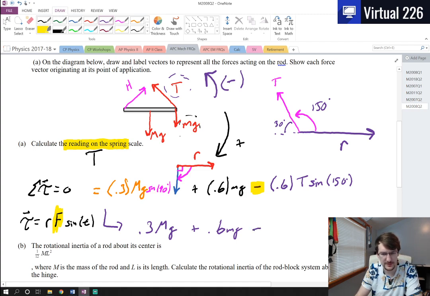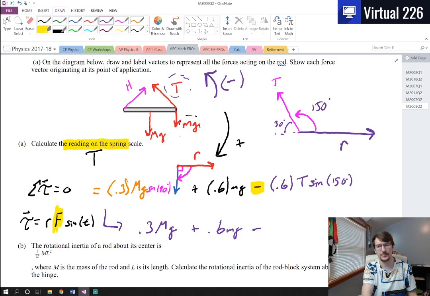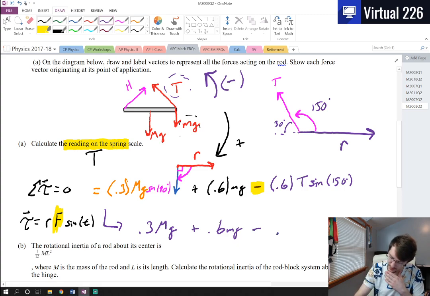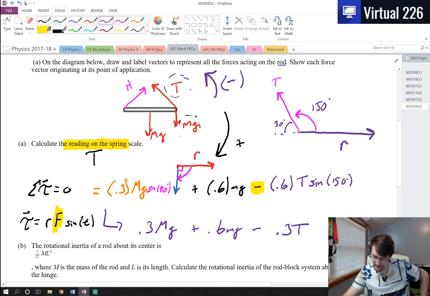Sine of 150 is like the sine of 30. Sine of 30 is, oh, I should know that off the top of my head. Is that a square root of 3 thing? No, it's just 0.5. Oh, we've been doing that all day. So sine of that is 0.5. So we're going to get 0.3 times T over here.